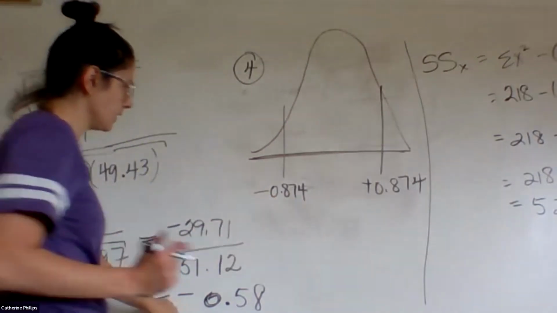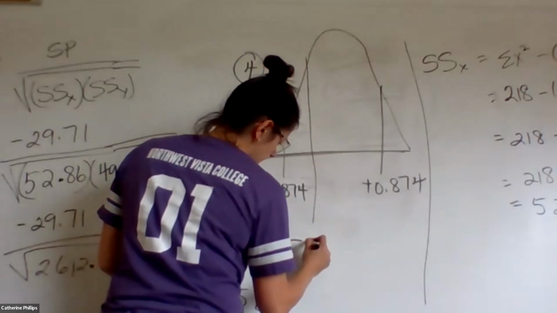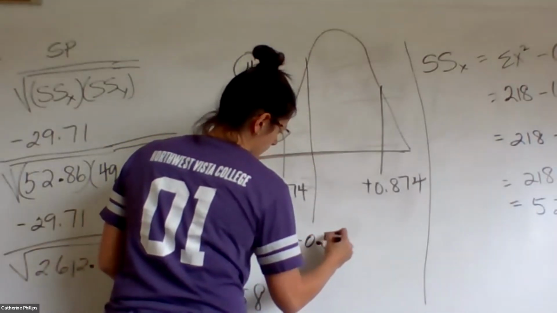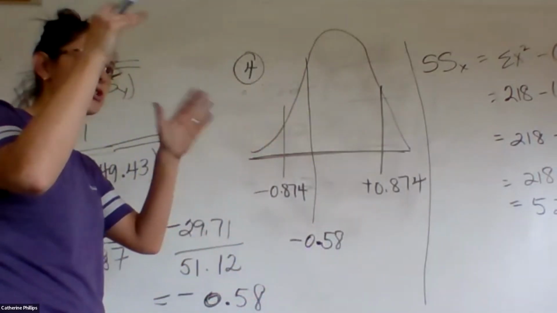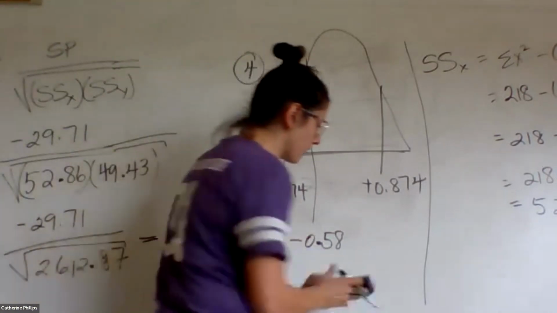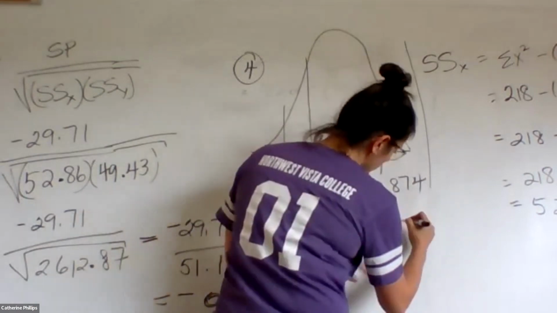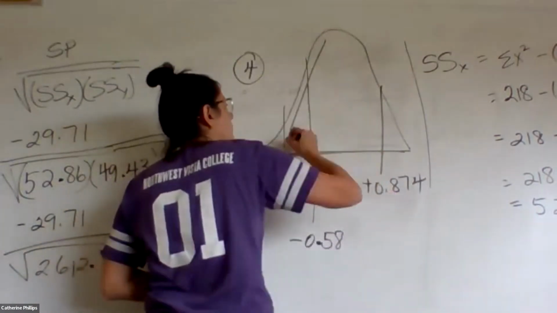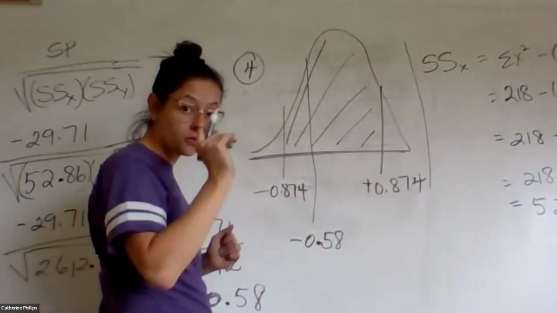The value we just calculated is -0.58. So in terms of decision, evidence and conclusion, we have all of the parts that we need to get full marks on the exam. It's in this middle spot, right? That's fail to reject the null.